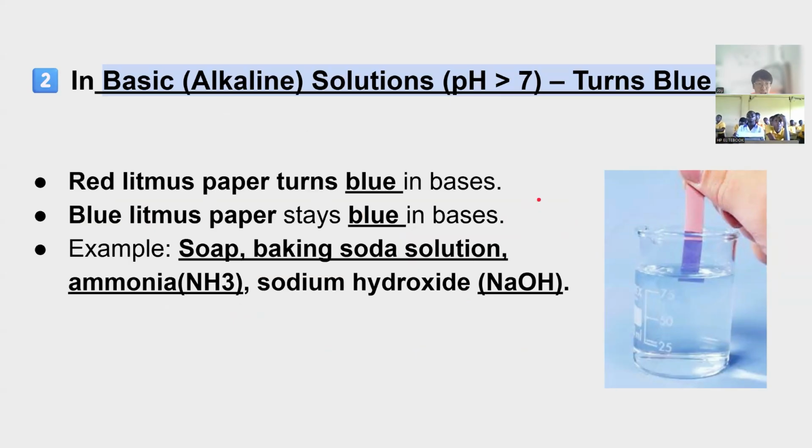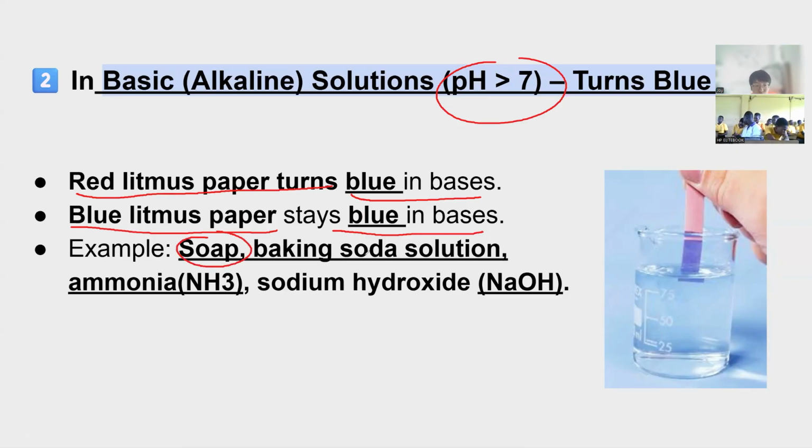I'll be moving on to bases. Bases turn litmus paper blue. Bases have pH greater than 7. Red litmus paper turns blue in bases, and blue litmus paper stays blue in bases.